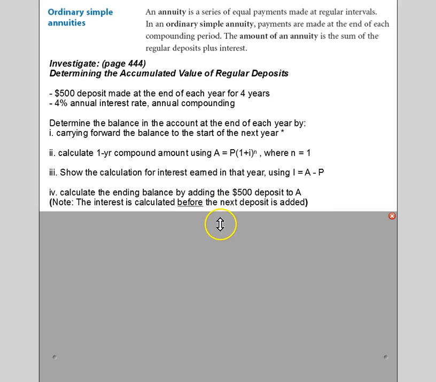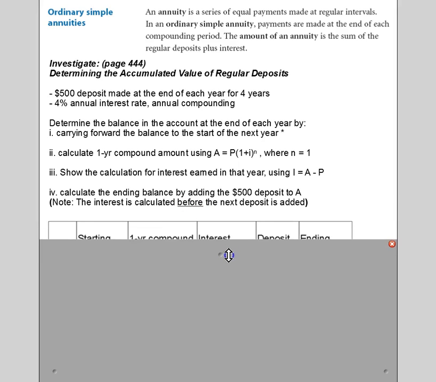When we do that, we're calculating a 1-year compound amount, because that $500 deposit is only earning 1 year of interest before it gets rolled into the next year's opening balance. We'll show the calculation for interest earned as before, using amount subtract principal, and we'll also show the cumulative progress of the annuity by adding the deposit to the amount. That would be once the next deposit is made. So let's see how this plays out.